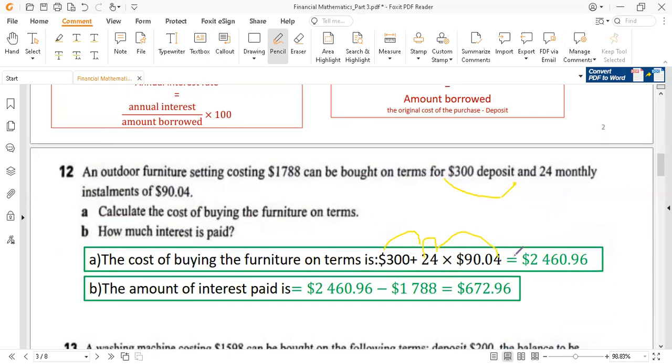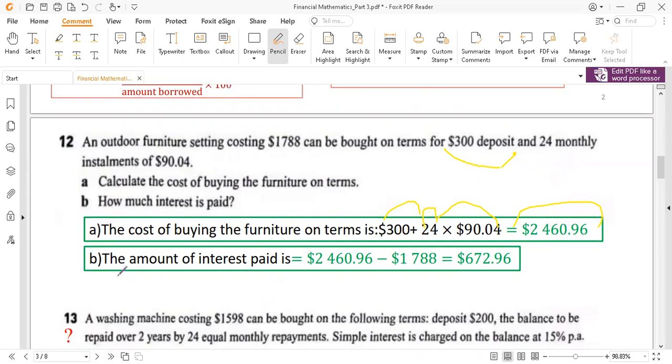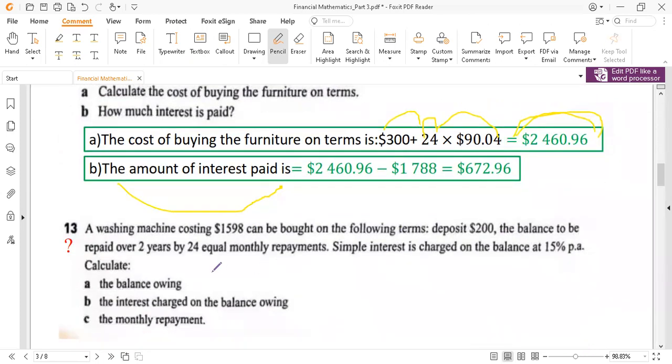The total is calculated and equal to $2,460.96. The amount of interest to pay is equal to the cost of buying the furniture on terms minus the original cost. This is the interest to pay.